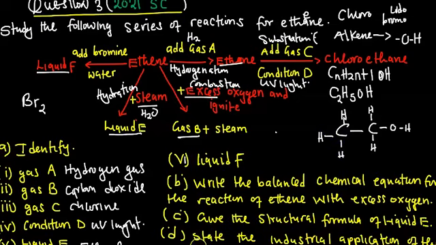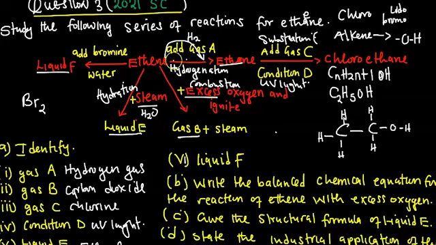Then for D, state the industrial application of the reaction with gas A to form ethane. So what they're asking us is the industrial application of this process, the conversion of ethene to ethane.